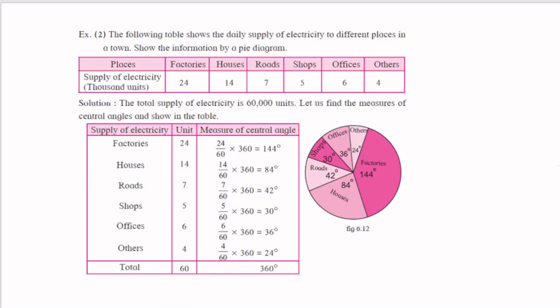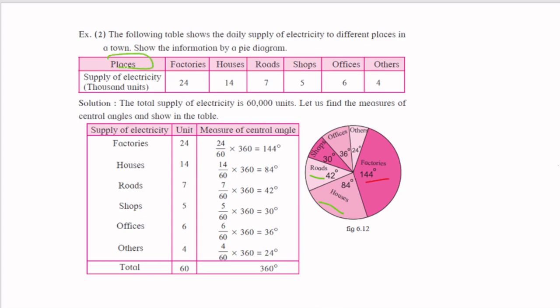So now see the example. We'll work it out with the help of an example. Once you understand the example, then we can proceed with the actual question. So the example is important in this case. If you see this diagram, it consists of factories 144 degrees and houses 84 degrees, and these are the degrees out of 360. How did we get the degrees?